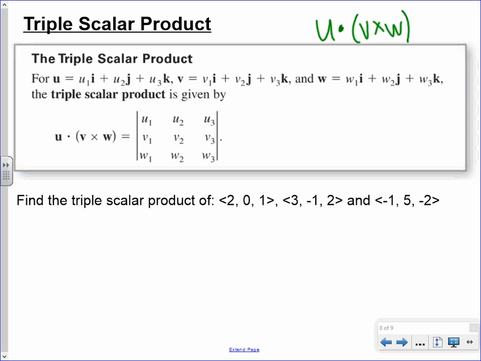So we are going to find the triple scalar product of these 3 vectors. Go ahead and write them down if you'd like.